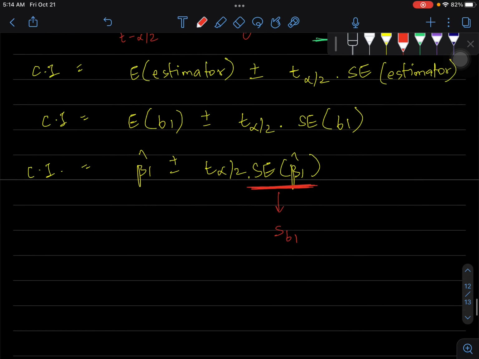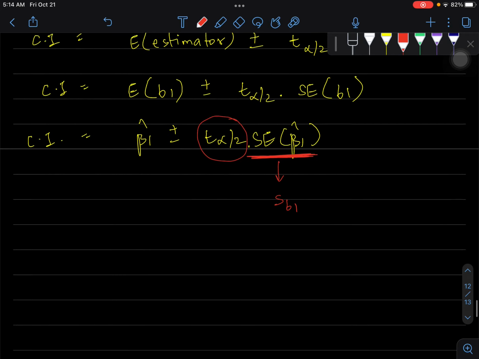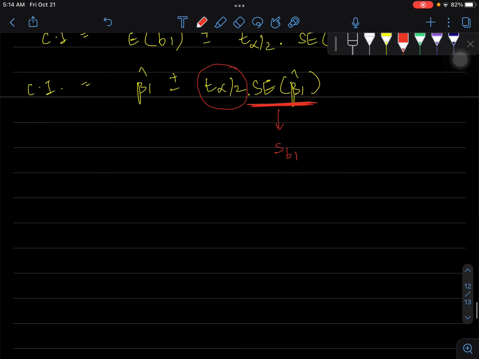As for the t statistic, the original formula from hypothesis tests is the sample mean minus mu naught over S over root n. Basically, this is supposed to be the estimator, this has got to be the population parameter, which is mu naught, and in our case it will be the actual value of beta 1 when we're doing the hypothesis test.